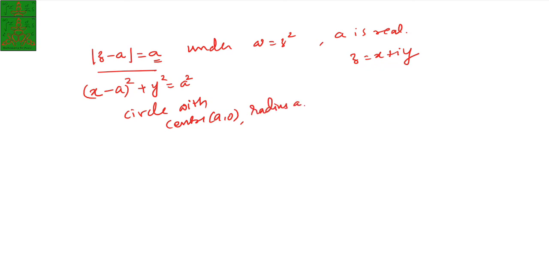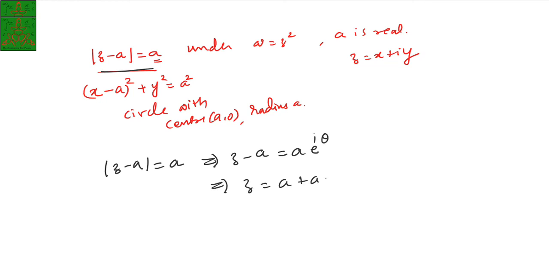Now we need to calculate what will be the image of this circle. Since mod of z minus a equal to a, we may write this as z minus a equal to a into e power i theta, and that will give you z equal to a plus a e power i theta. That is, a is common out, 1 plus e power i theta.